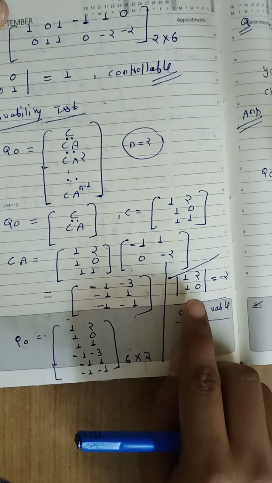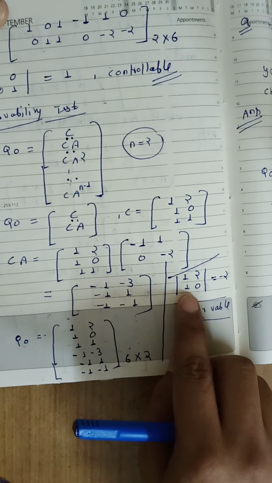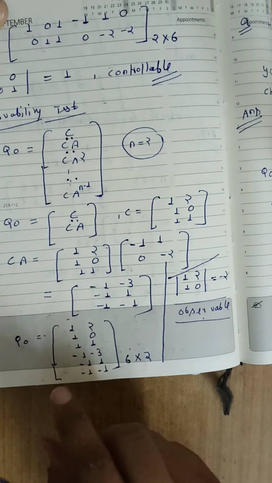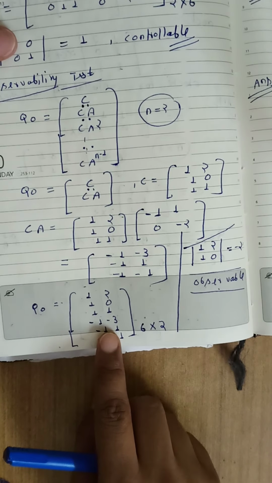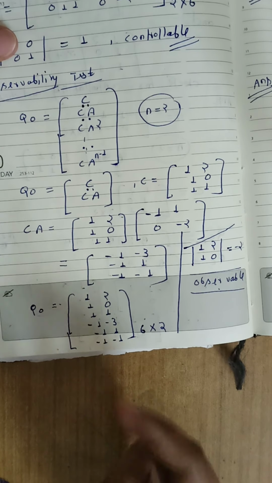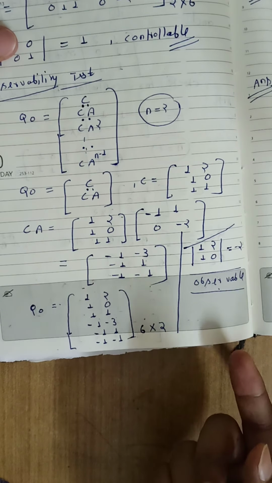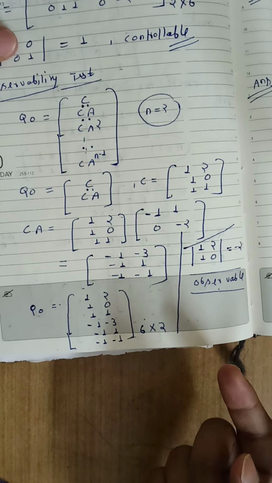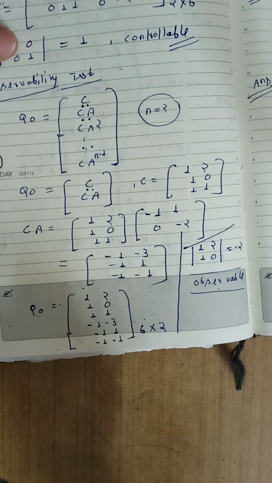If the determinant of the first submatrix becomes 0, then we go for the second submatrix and calculate its determinant.